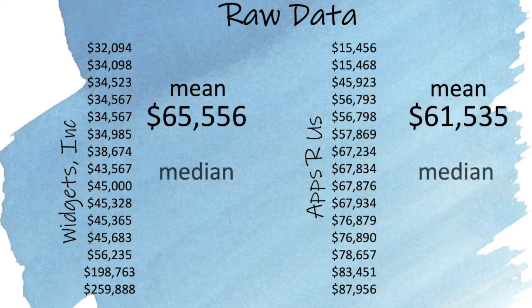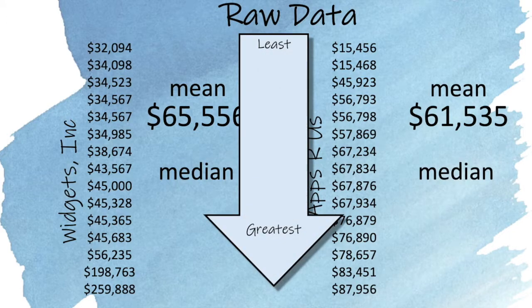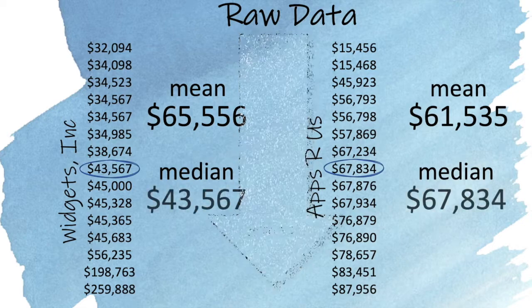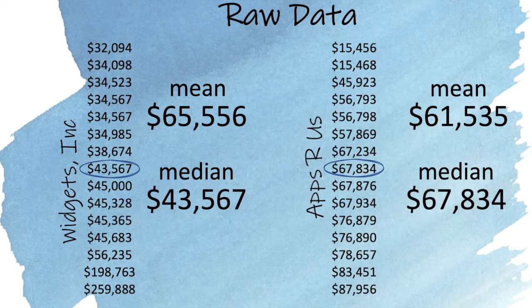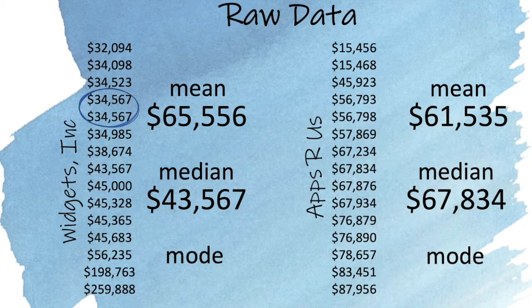The median, okay, we take the numbers, put them in order from least to greatest, and then just pick the middle number. So we get $43,000 for Widgets Inc., $67,000 for Apps R Us. The mode, that's the entry that occurs the most. So for Widgets Inc., it's about $34,000, and the mode for Apps R Us, oh, well, there isn't one.